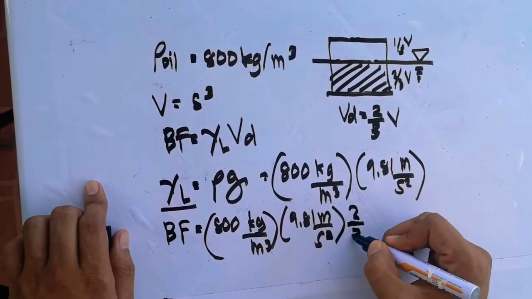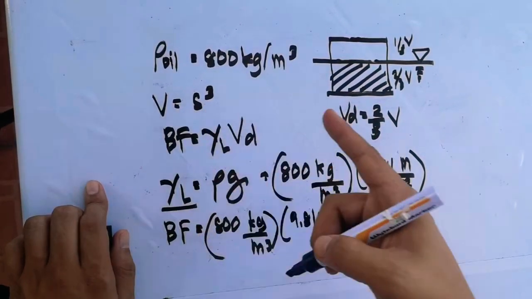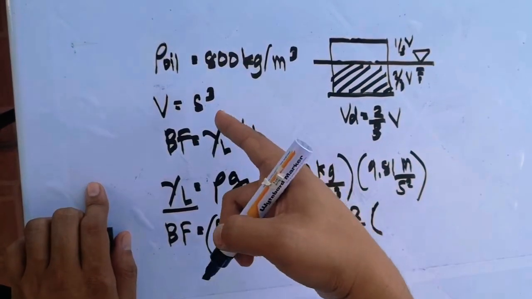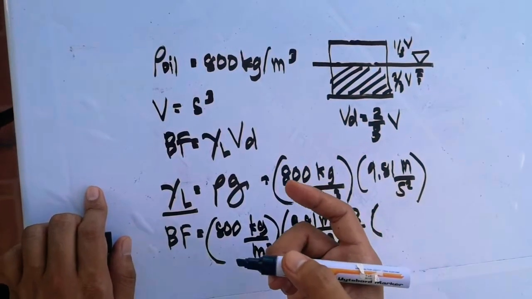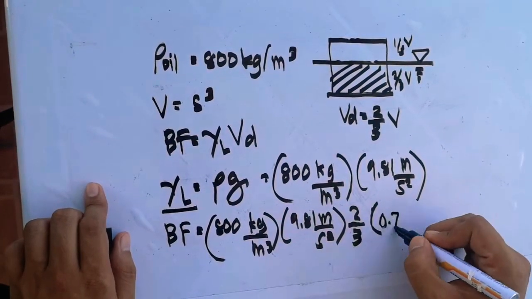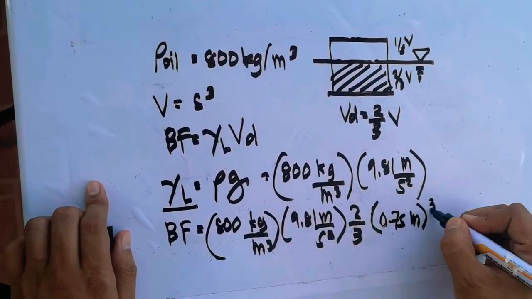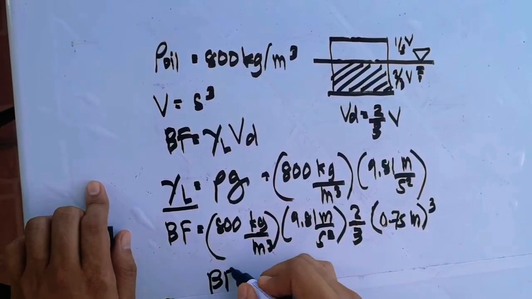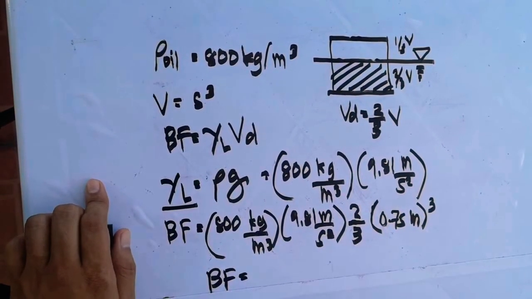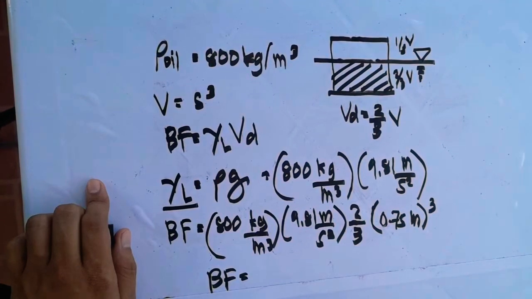Okay, so 2/3 times the volume S cube. Ano ba yung S given? The side is 0.75 meter cube.